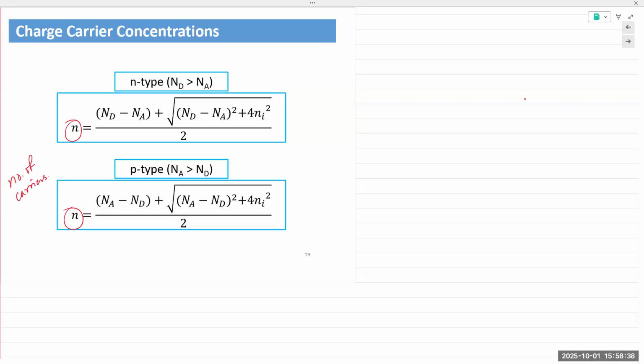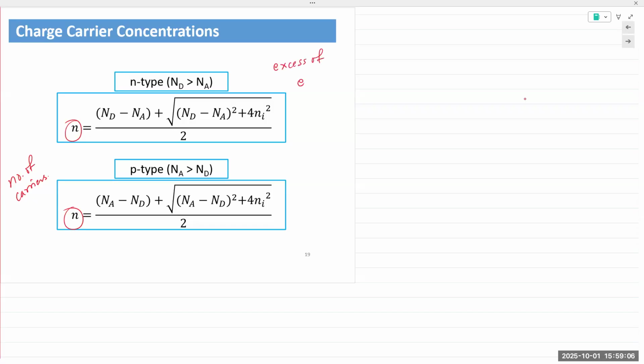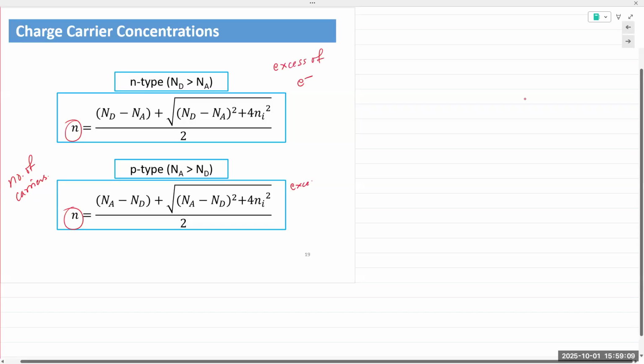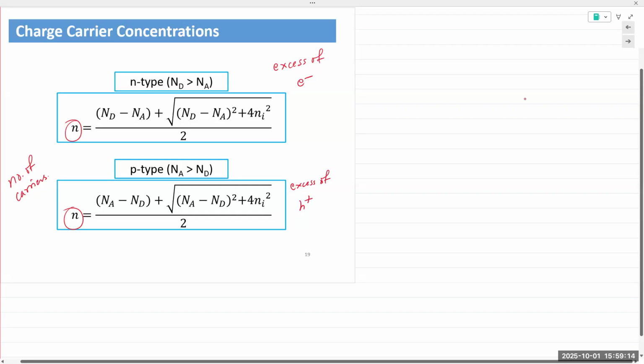And this is going to sound funny, or again, depends on how you look at it: N represents both N and P. If it's an N-type material, N represents N. If it's a P-type material, N is representing P. Here we have excess of electrons, and here we have excess of holes, or positively charged holes.